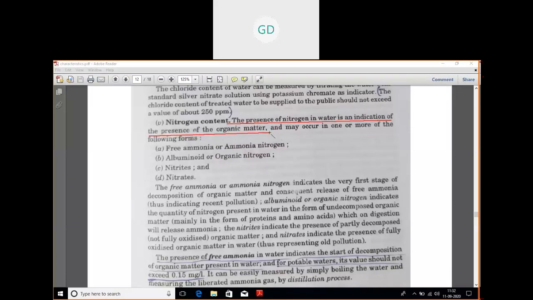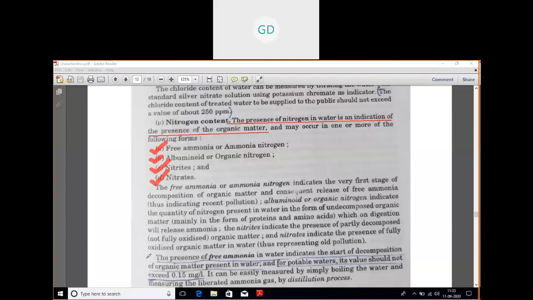So if nitrogen is present in water, you can say that organic matter is present in that water. And the nitrogen can be in any of the following four forms. Number one is free ammonia or ammonia nitrogen. Second is albuminoid or organic nitrogen. Third is nitrites, and fourth is nitrates.